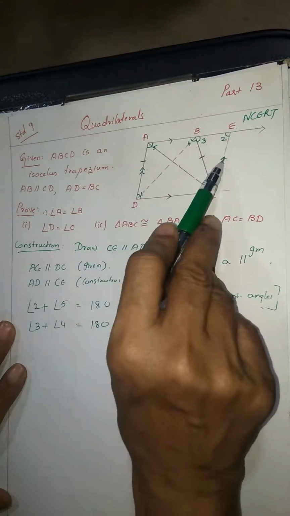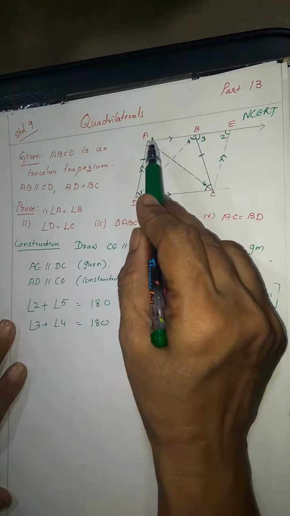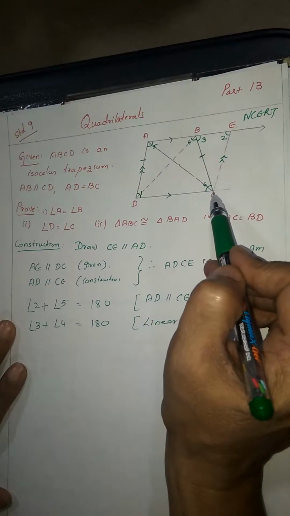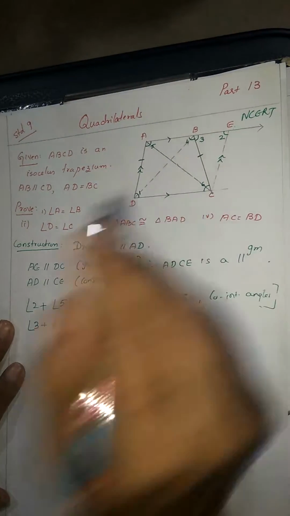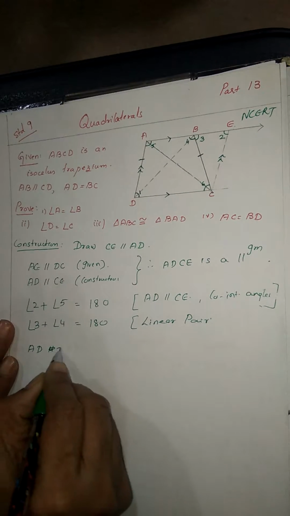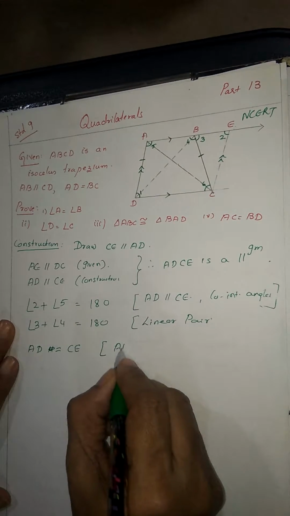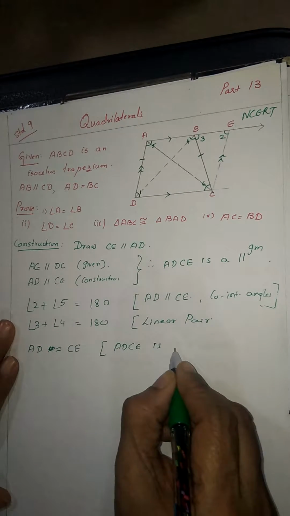Now ADCE is a parallelogram, therefore AD is equal to CE. So we will write AD is equal to CE because ADCE is a parallelogram.